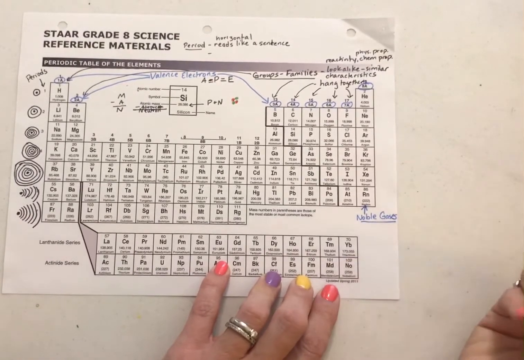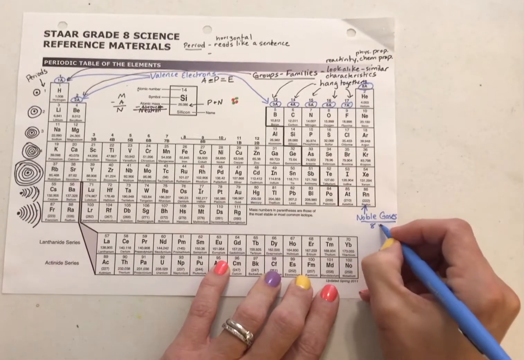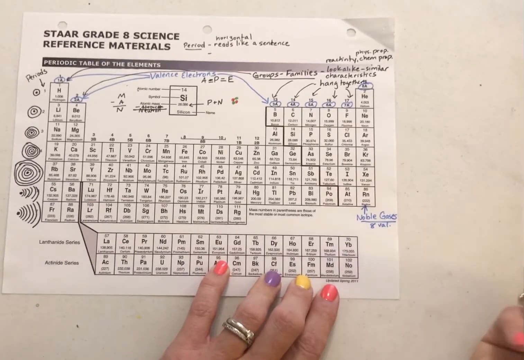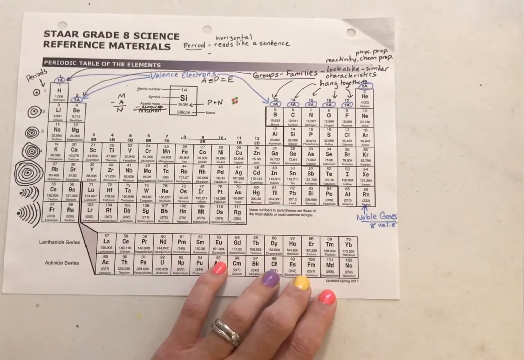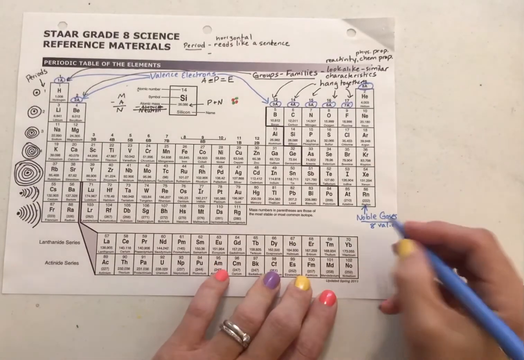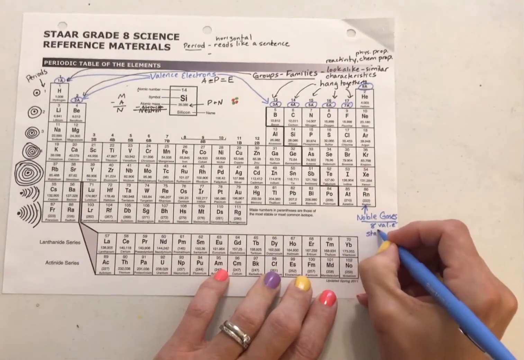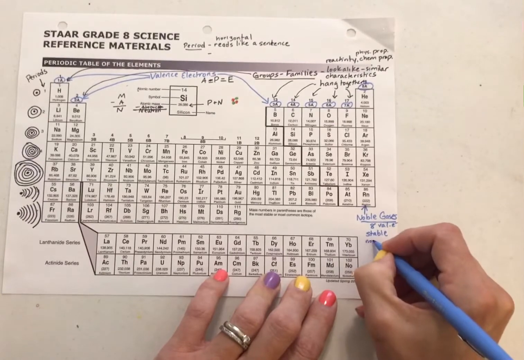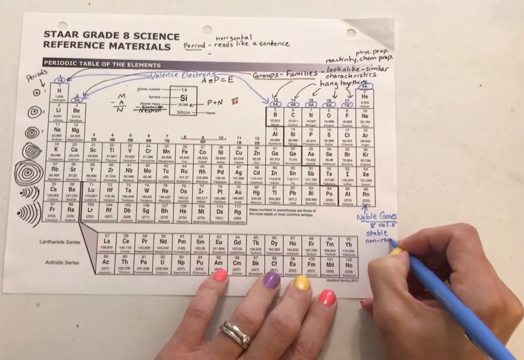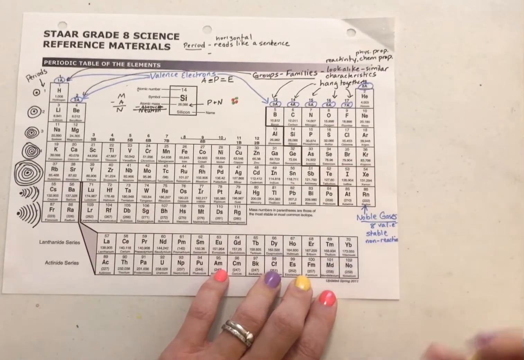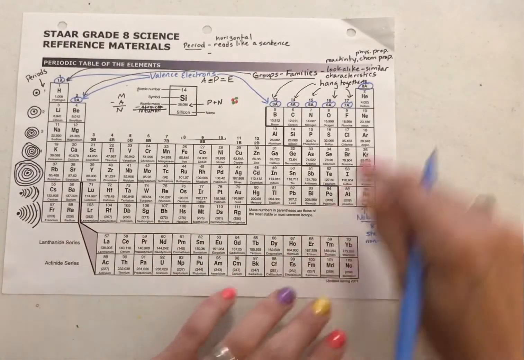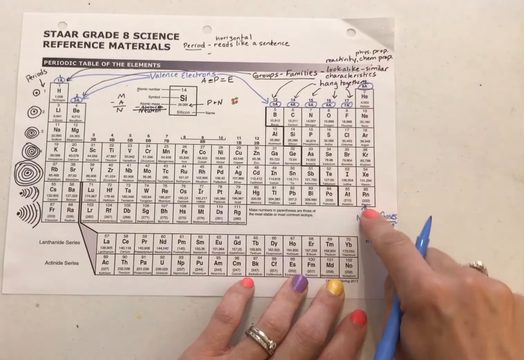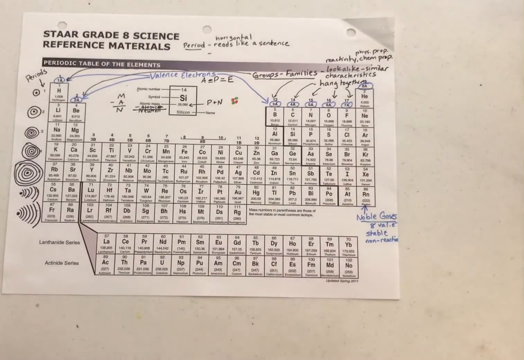These are noble gases. It has 8 valence electrons. I'm going to put 8 valence electrons. It has 8 valence electrons, and they are stable or non-reactive. So they do not form compounds with other atoms. They're noble, they're on their own, they're completely unreactive. And that's this whole group here, group 18.